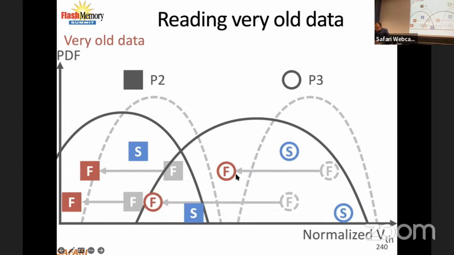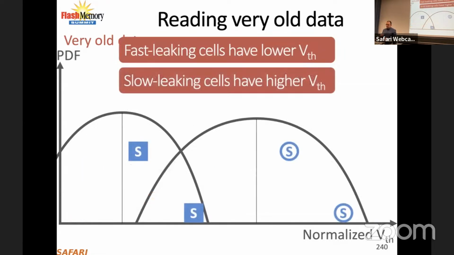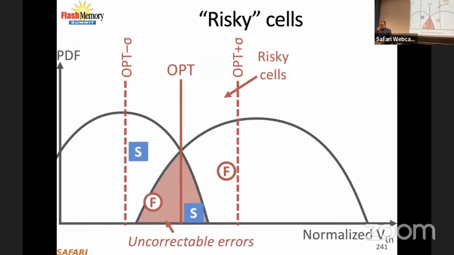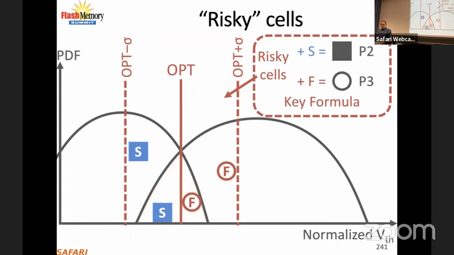Because of these fast leaking cells, this one you're going to read as 1, even though you should read it as 0. Or because of these slow leaking cells, this one you're going to read as 0, even though you should read it as 1. So once you have this data, you can differentiate across these cells, and then you can correct more errors. That's the way we are handling it.